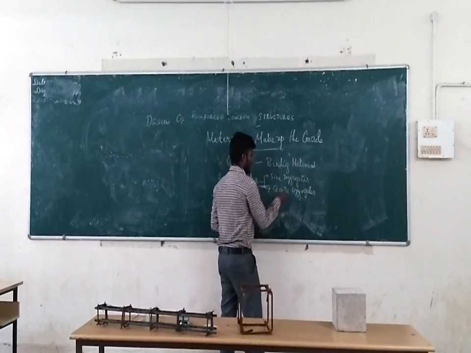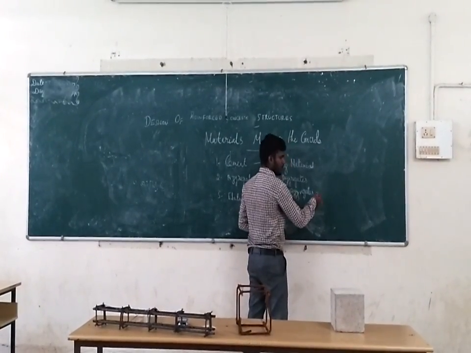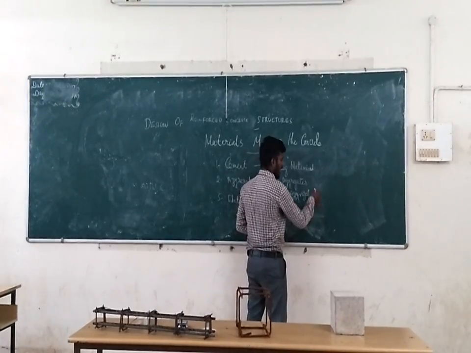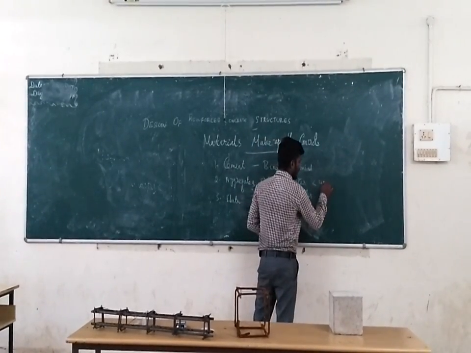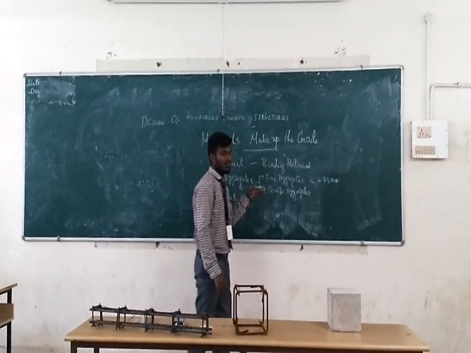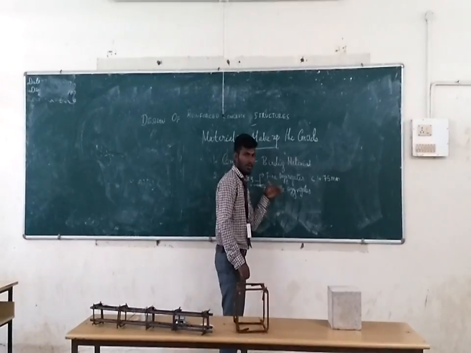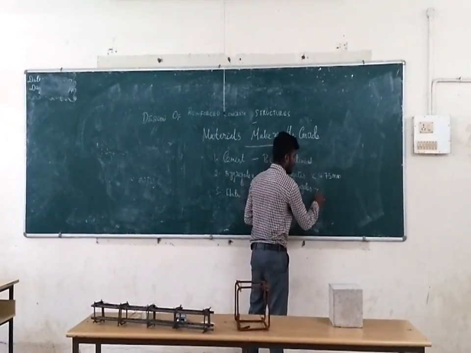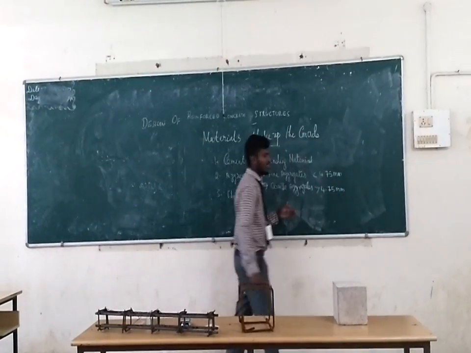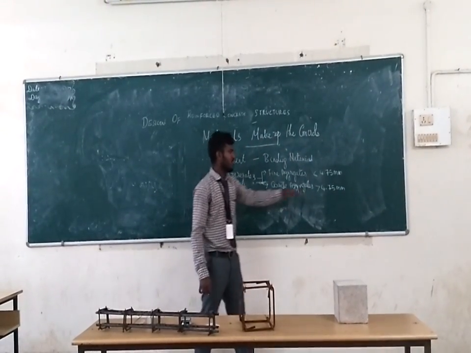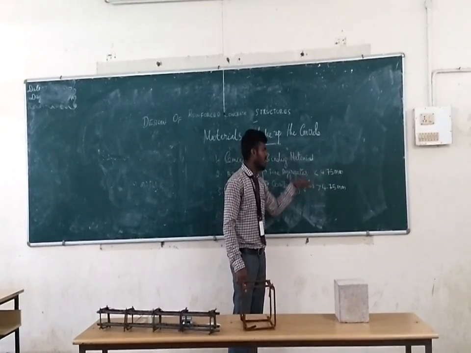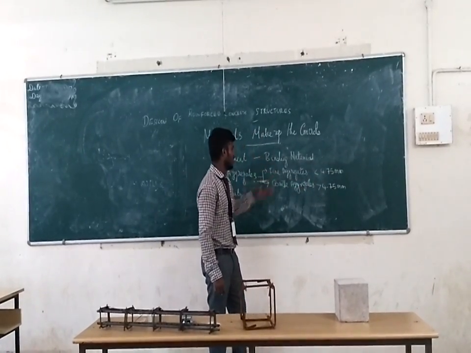Fine aggregate means the proportions of aggregates which are less than 4.75 mm, whereas aggregate portions which are greater than 4.75 mm are coarse aggregate. This is the benchmark or demarcating point for differentiating the two types of aggregate, coarse aggregate and fine aggregate.